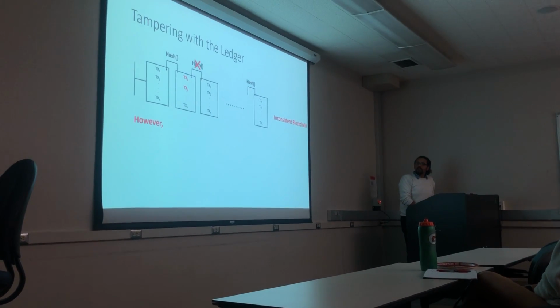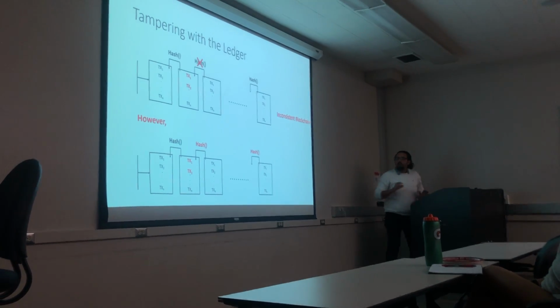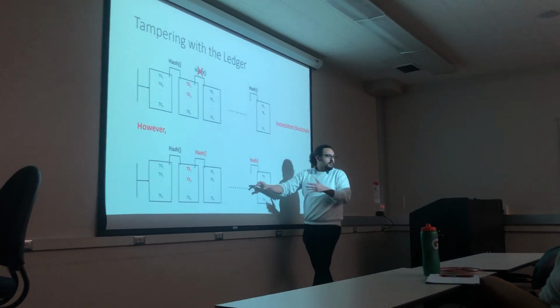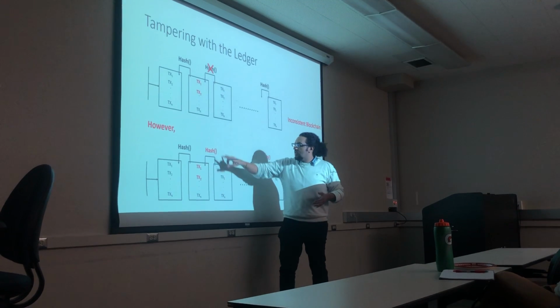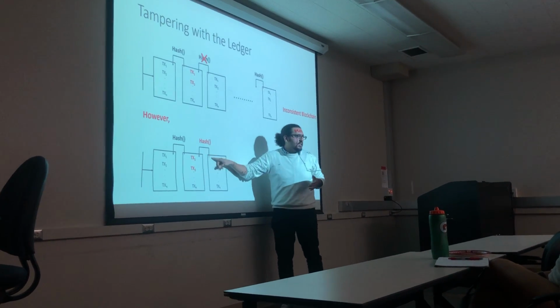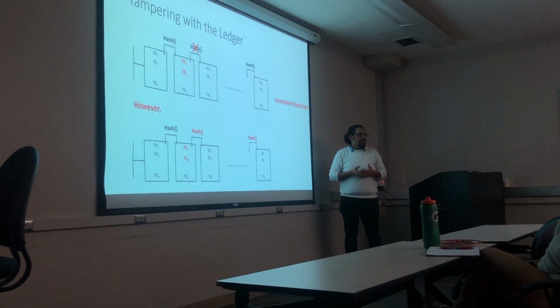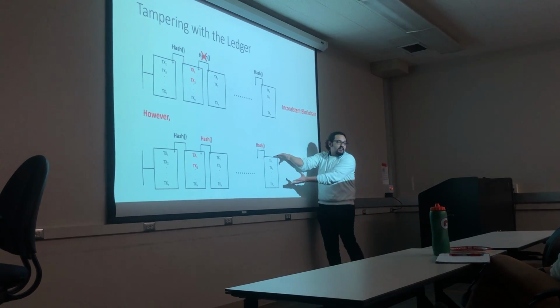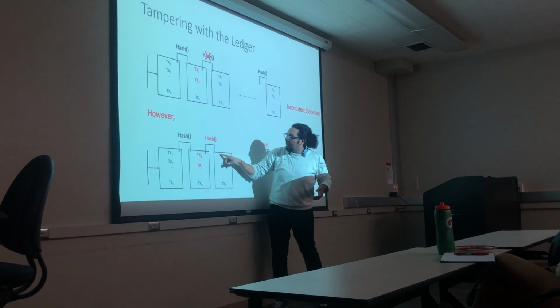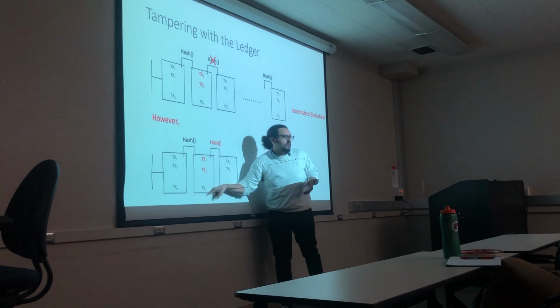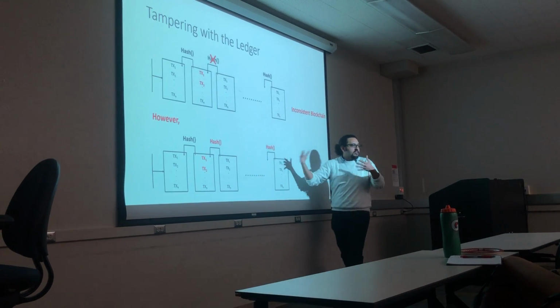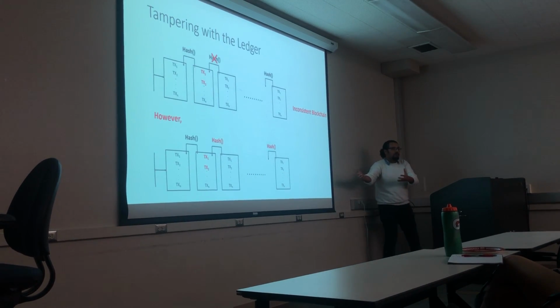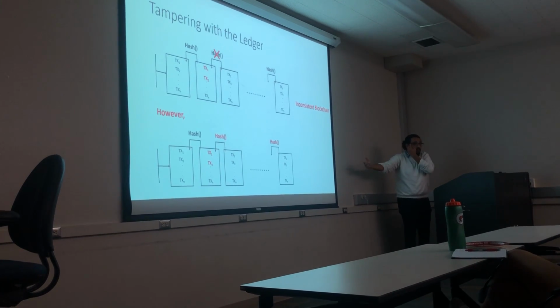But then if someone would say, hey, I'm going to change the whole chain. Change these two transactions and change the hash, and in the next block I'm going to change the hash here, change everything. And this is now consistent. If you go to the third block, you'll find that the hash here matches the hash of the current block. So is this possible? That action should be prevented.